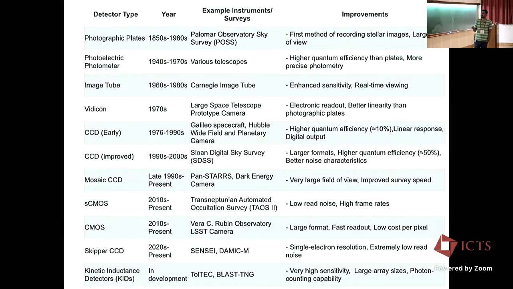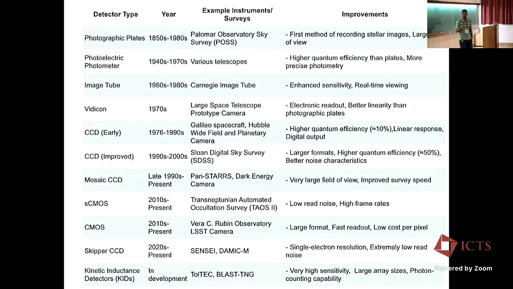So this was a big change. So early CCD era allowed us to essentially start doing survey kind of projects. And then improved CCD from 1990 to 2000, Sloan Digital Sky Survey. This is not exactly the beginning, but this is where things really changed, where we started observing objects in order of millions or so.